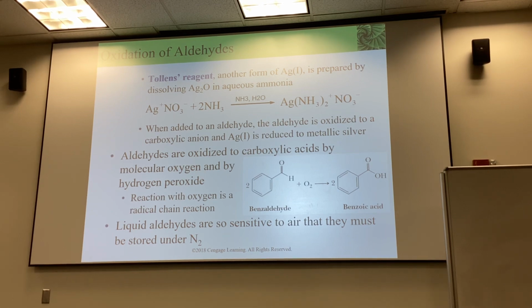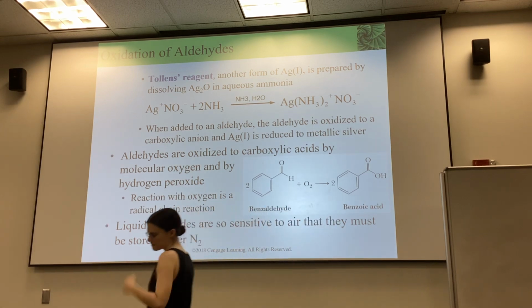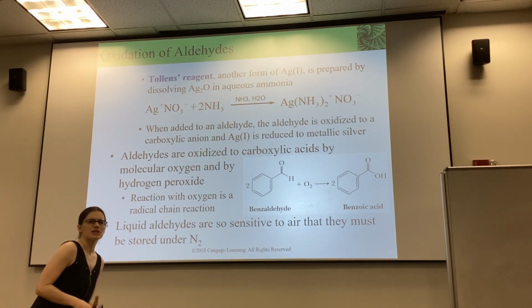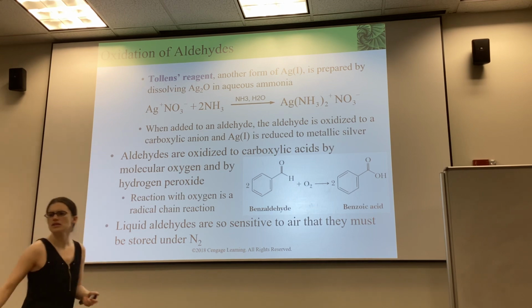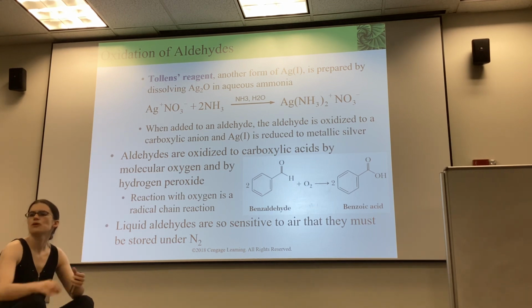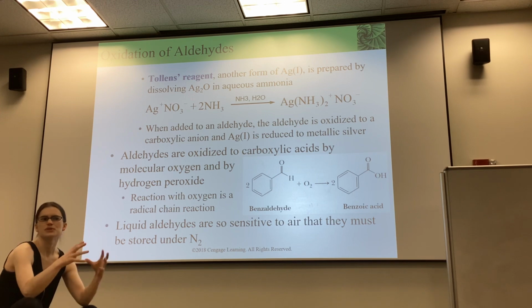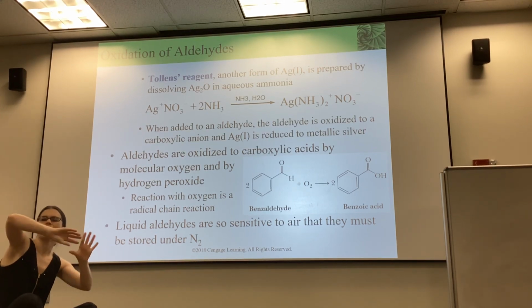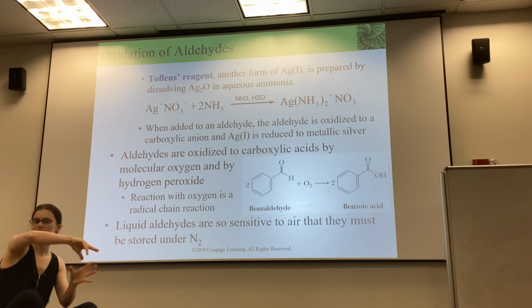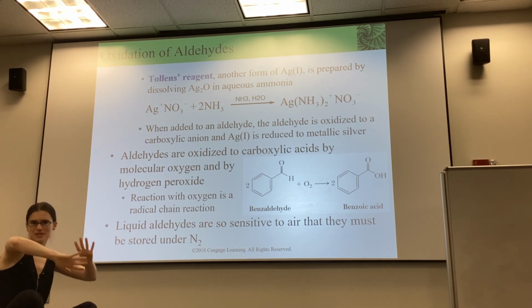Oxidation of aldehydes. So Tollens reagent is another form of silver 1. And if you notice back, yeah, this is how you form Tollens reagent. If you have ever done the silver mirror experiment, where you roll it around and you get to coat the inside of some sort of glassware with a mirror finish.